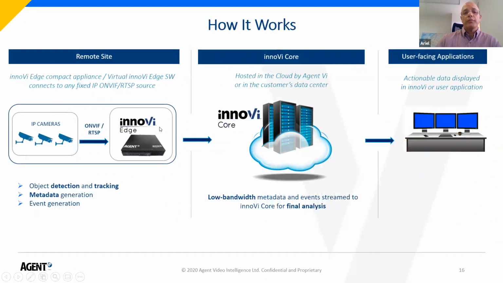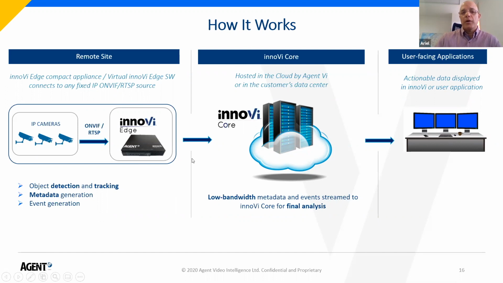How it actually works: the innoVi edge connects to any camera through standard protocols, RTSP, ONVIF stream. It does the analytic layer on the edge using deep learning and machine learning capabilities for metadata extraction, object detection, and event generation. We stream a very, very low bandwidth metadata stream from the edge to the core. Remember, when the core resides on a cloud, we cannot require a very large bandwidth.